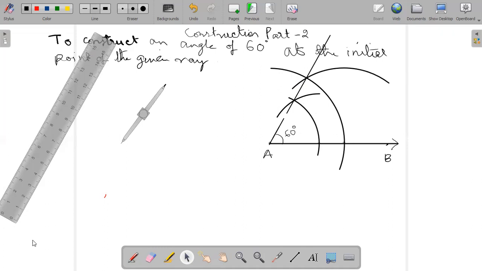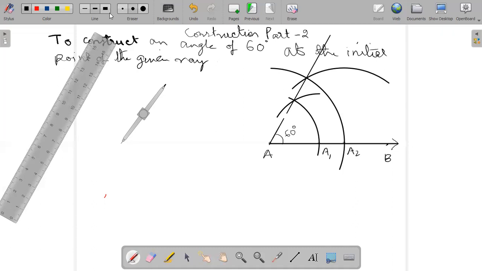This is the way to draw 60 degrees. The first arc point is A1, and from A1 you cut to get A2, with the second radius. Any radius we can take and cut, we will always get 60 degrees.